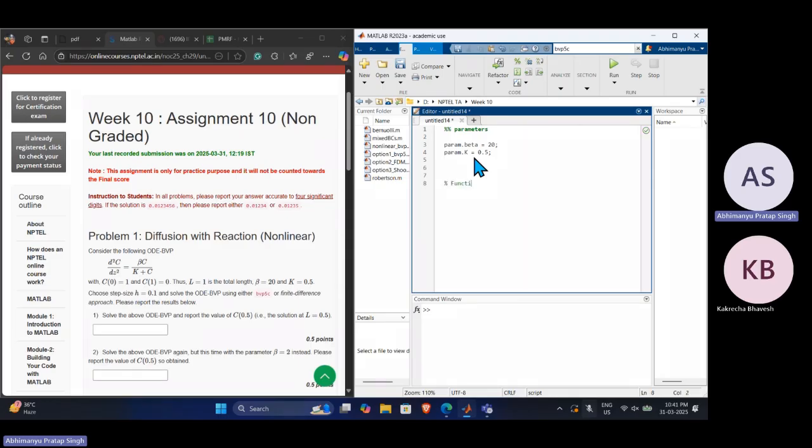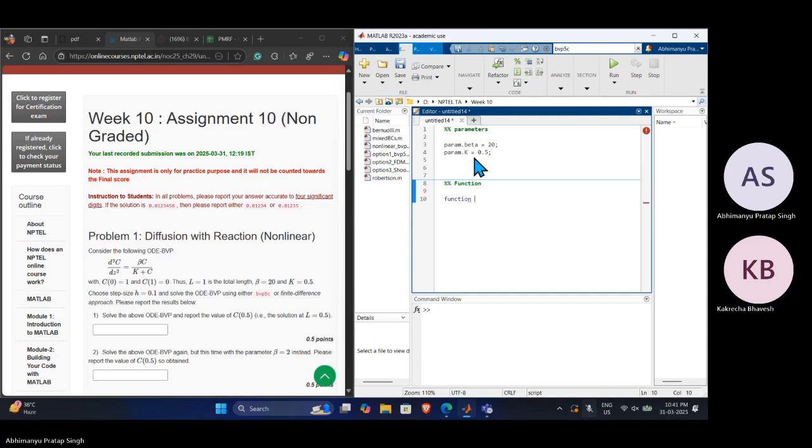I will create the functions first. You want me to do it using the boundary value BVP solver or the finite difference approach? Yes, I will show using both the approaches. Sir, with both. Okay, okay.